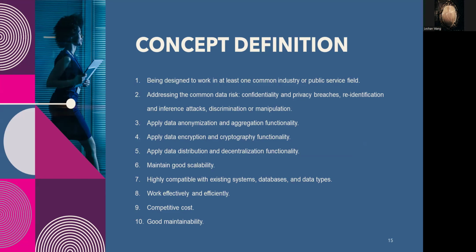The first one is that our product has to be designed to work in at least one common industry or public service field, because that decides whether our product will be successful and make profits or not. So it has to be carefully researched and chosen.